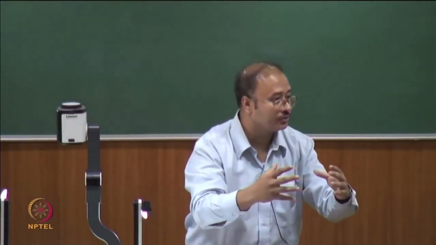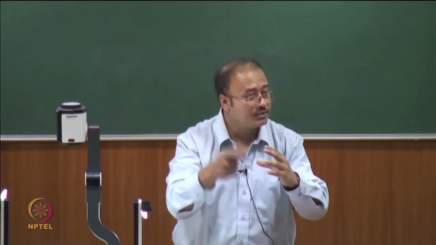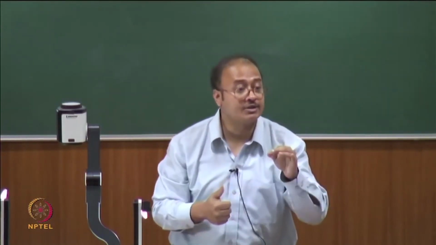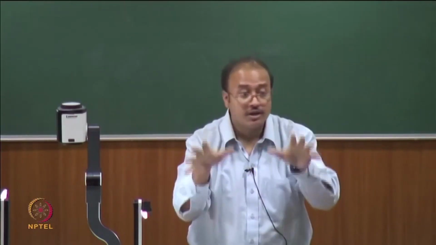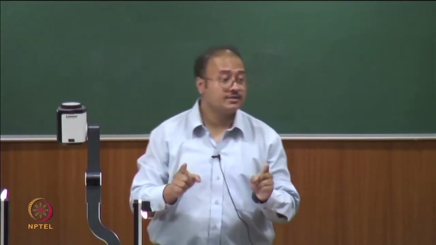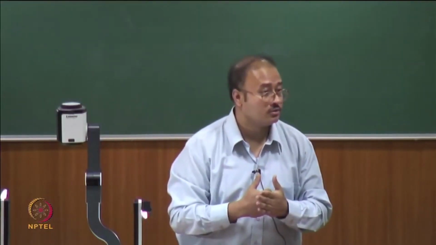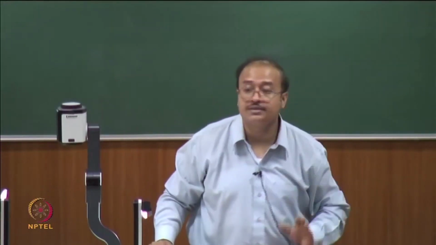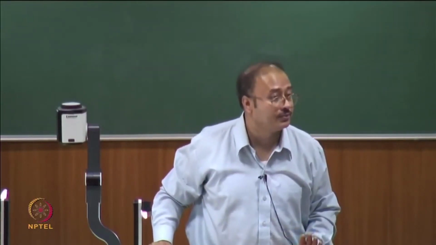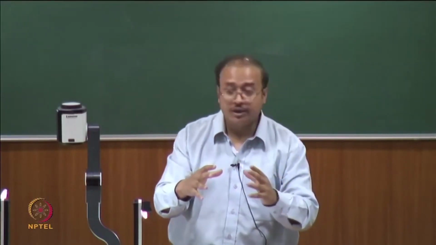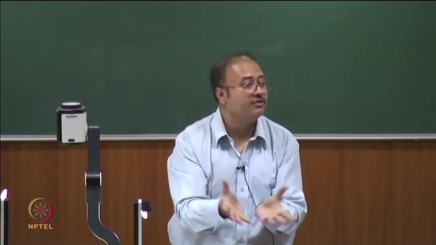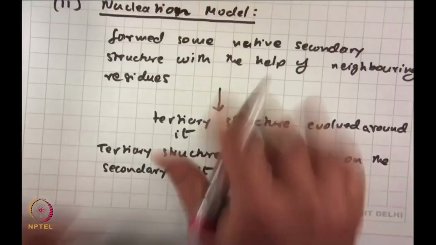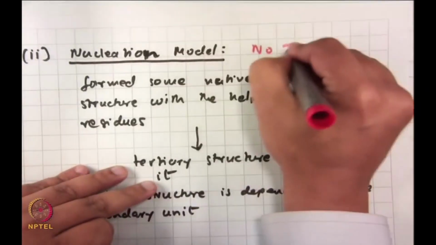That is why it is called nucleation. The moment it forms the nucleus, the tertiary structure evolves around it. That means the tertiary structure is a result of secondary structure nucleus formation. All of this happens in one go, because the nucleus is not an intermediate per se. It is not a well developed intermediate. The protein gets a platform and everything evolves around it in one go. So, this one is devoid of intermediates, that means no intermediate.